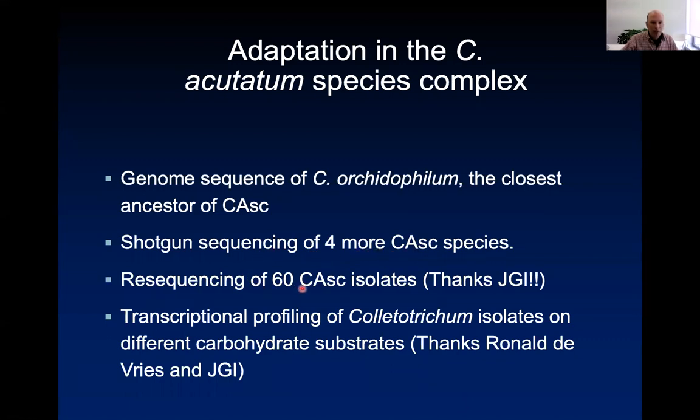And through a project with the Joint Genome Institute in the United States, we resequenced 60 Acutatum isolates. We also did a transcriptional profiling experiment to study adaptation of monocot and dicot pathogens to their different host substrates, but I won't be talking about that today. But we have some interesting results there, and that'll be coming up in an upcoming paper.